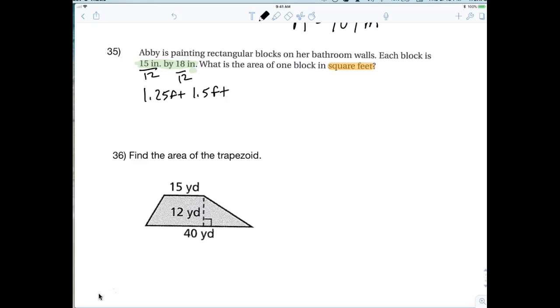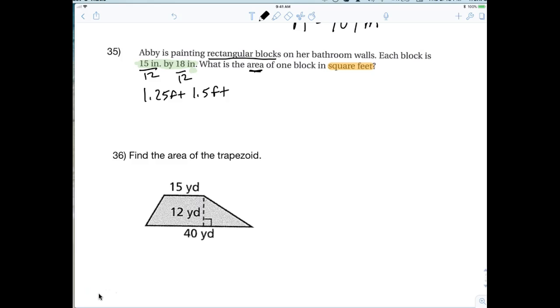If you're doing perimeter, I thought we were doing area. Doesn't it say area? So what are we doing? There's no circle. It's a rectangular block. How do I find the area of a rectangle? Wow, we're in trouble if you guys don't know area of a rectangle.